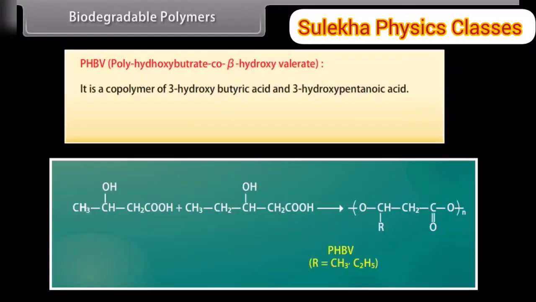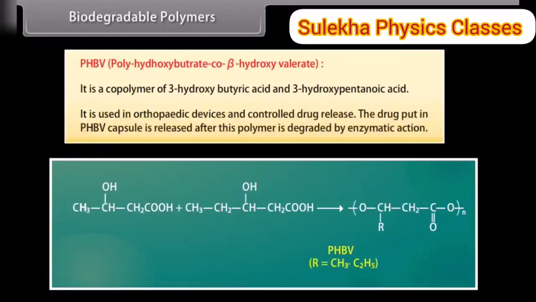It is a copolymer of 3-hydroxybutyric acid and 3-hydroxypentanoic acid. It is used in orthopedic devices and controlled drug release. The drug put in a PHBV capsule is released after this polymer is degraded by enzymatic action.